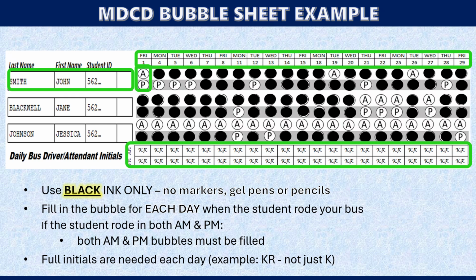Using black pen only, fill in the bubble for each day the student rides your bus. If the student rides in the AM and in the PM, both AM and PM bubbles must be filled in. Initial the box that you were present for. Initial boxes cannot be left blank, and full initials are needed.